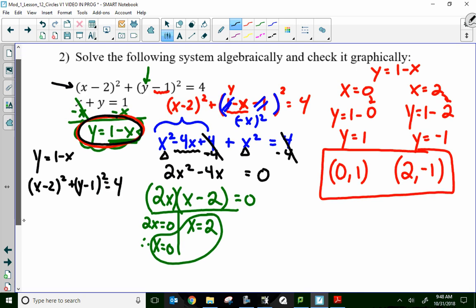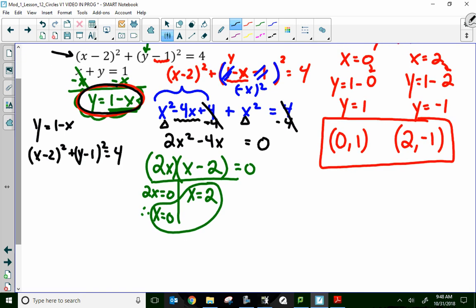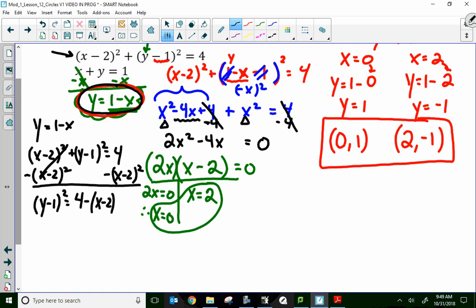We could FOIL everything, but let's just keep everything nice and simple. I am going to subtract this whole x minus 2 squared from both sides. Okay, so I've got y minus 1 squared equals 4 minus x minus 2 squared. Now, I need to take the square root to get rid of this 2.